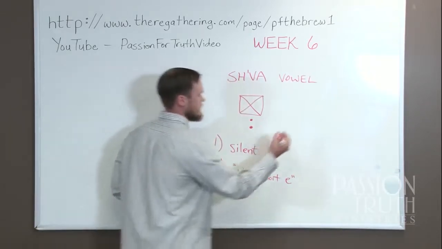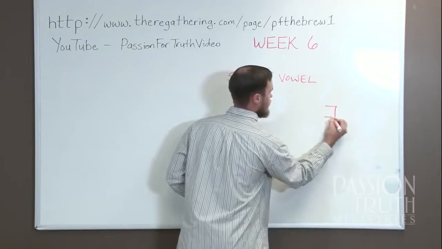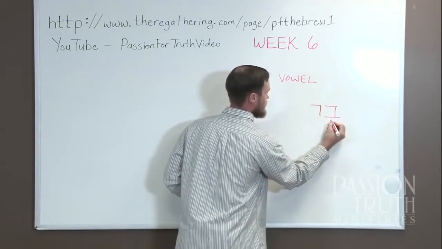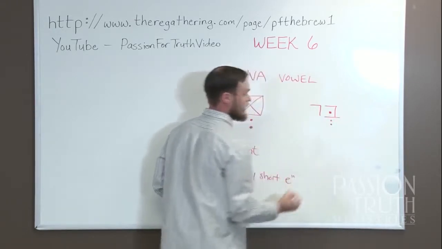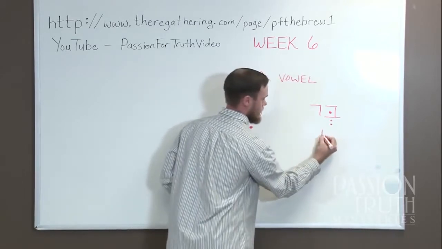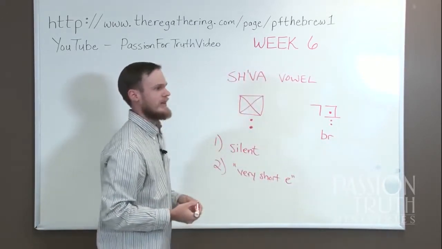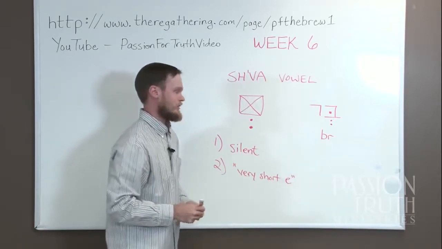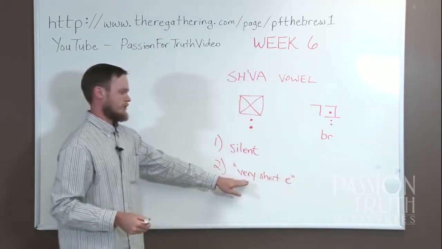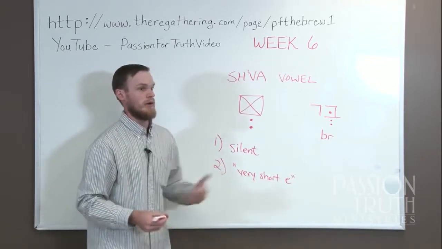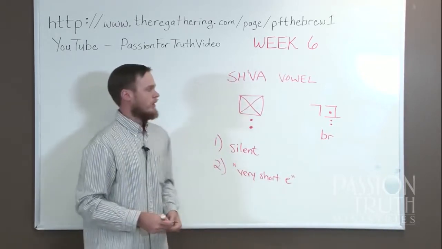So if you see a bait followed by a resh, and there's a shva under the bait, think of this as BR as in brown. Okay, it's just connecting the two consonants together. Now technically a lot of times it'll actually give this little pause in between, so bira, okay?